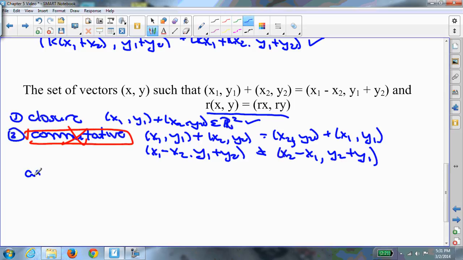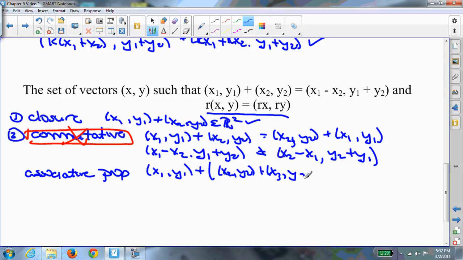Associative property. The associative property says x1 comma y1 plus the grouping of x2 comma y2 plus x3 comma y3 should equal the grouping of x1 comma y1 plus x2 comma y2, plus x3 comma y3.